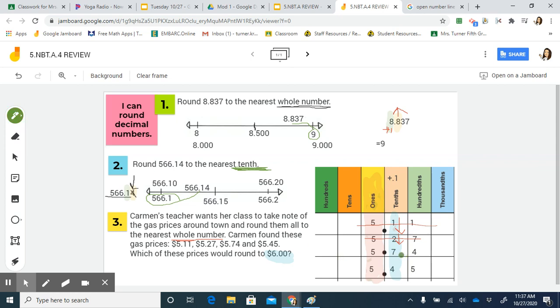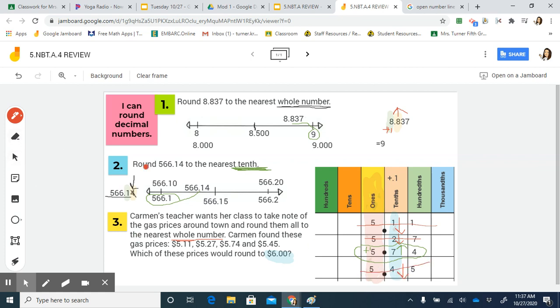This 7 tells me to round up, which means I'm going to add 1 to this 5, which means that it would round up to 6. And then the next one, the 4 is in the tenths place. That tells me that I'd be rounding down, which would stay at the 5, eliminate.